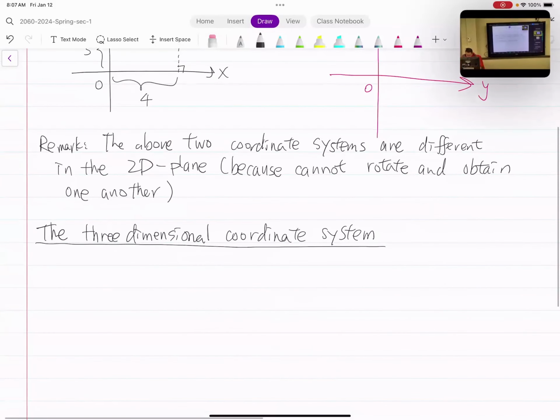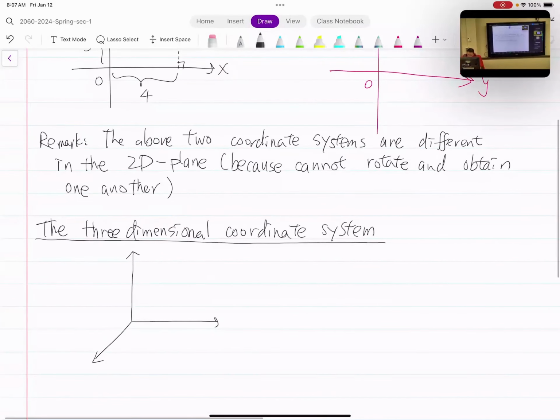Basically, let's draw one that you have probably seen also. We will have x, y, and z axes. So this is the layout. You have x, y, so this is the x, y plane at the bottom. And then the third axis is going to be the z axis, right?